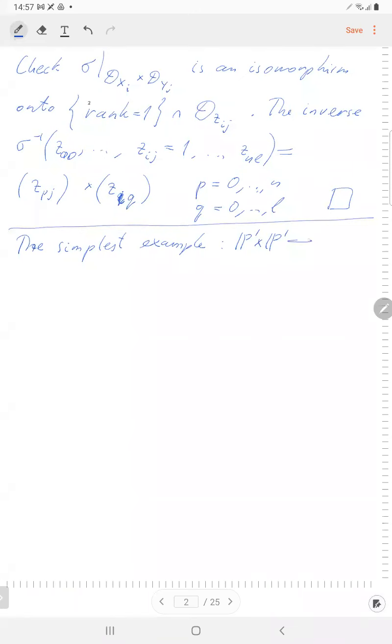Then it embeds into P3, right, by our general formula, and the image of sigma is cut out by a single equation.